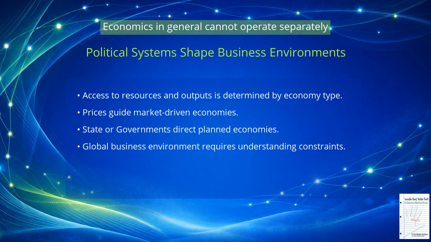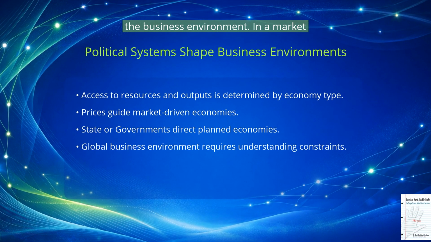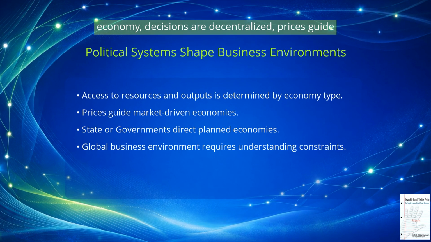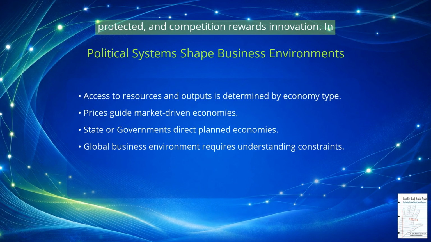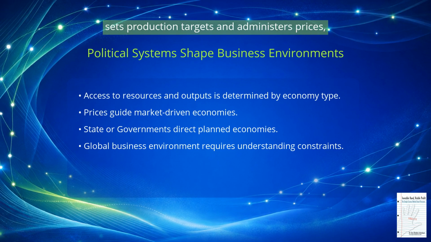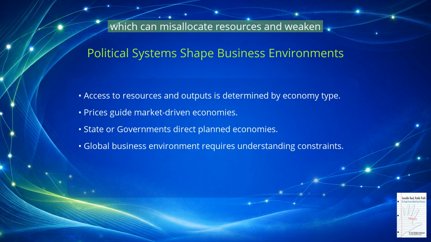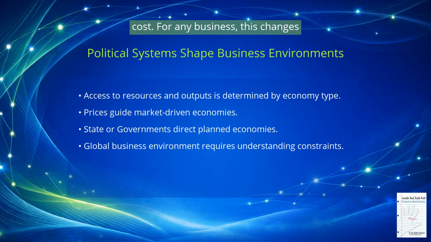Economics in general cannot operate separately from politics, because together they shape the business environment. In a market economy, decisions are decentralized, prices guide production and consumption, property rights are protected, and competition rewards innovation. In a centrally planned economy, the state sets production targets and administers prices, which can misallocate resources and weaken pressure to improve quality or reduce cost.